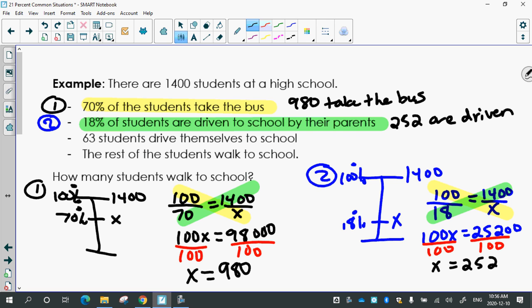Okay? So 980 take the bus, 252 are driven by their parents. This one's easy. 63 drive themselves to school. Okay, so that's our third one. We didn't even have to calculate it. 63. The rest walk. So I would figure that out by subtracting. So subtract it and see how many walk.